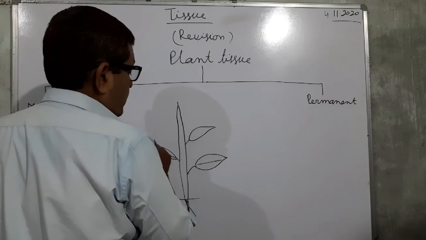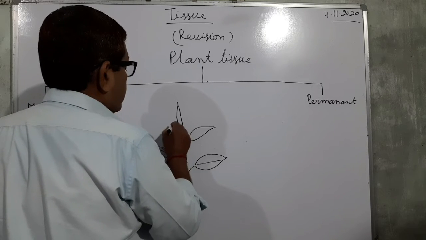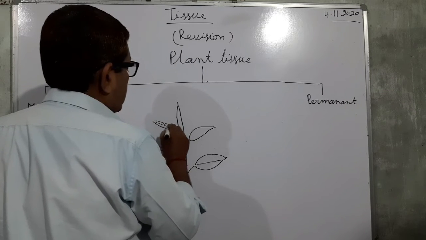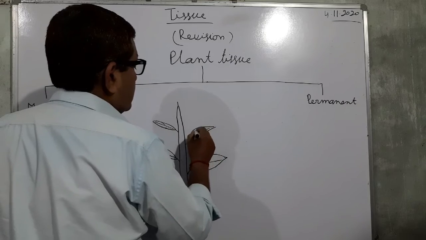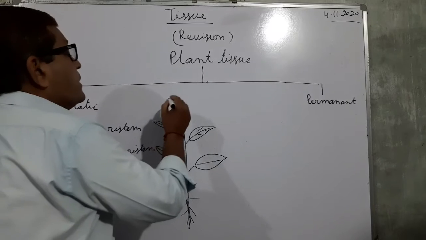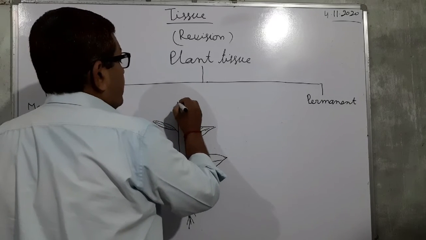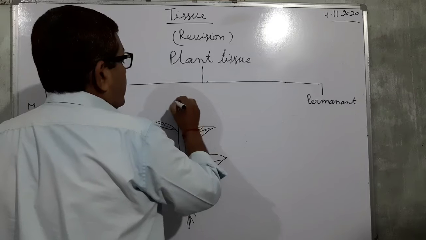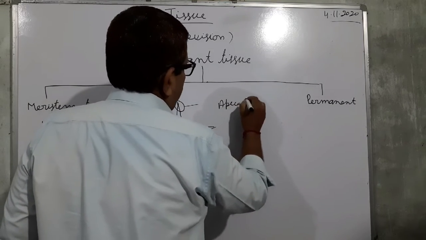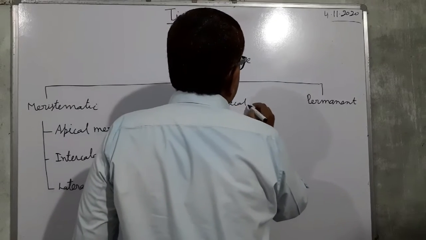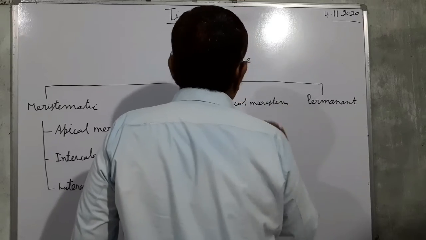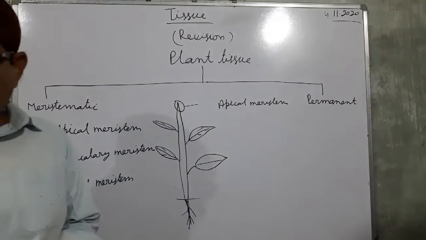So this is the location of apical meristem. This is the apex part of the plant. So apical meristem will be found in this region. This is apical meristem.